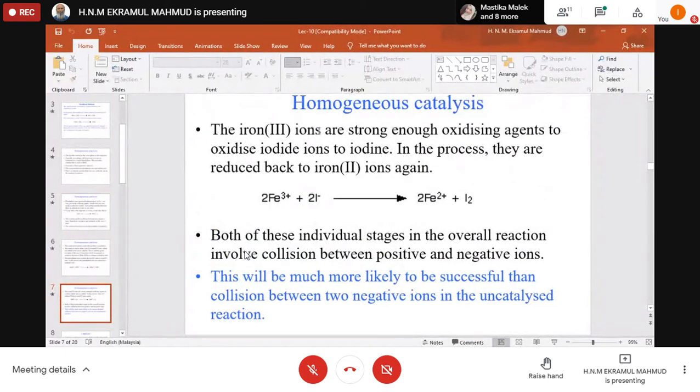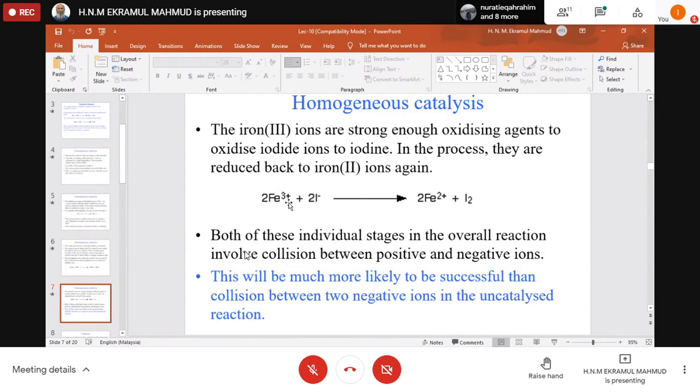So the iron 3 ions are strong enough oxidizing agents to oxidize iodide ions to iodine. In the process, they are reduced back to iron 2 again. Both of these individual stages in the overall reaction involve collision between positive and negative ions.